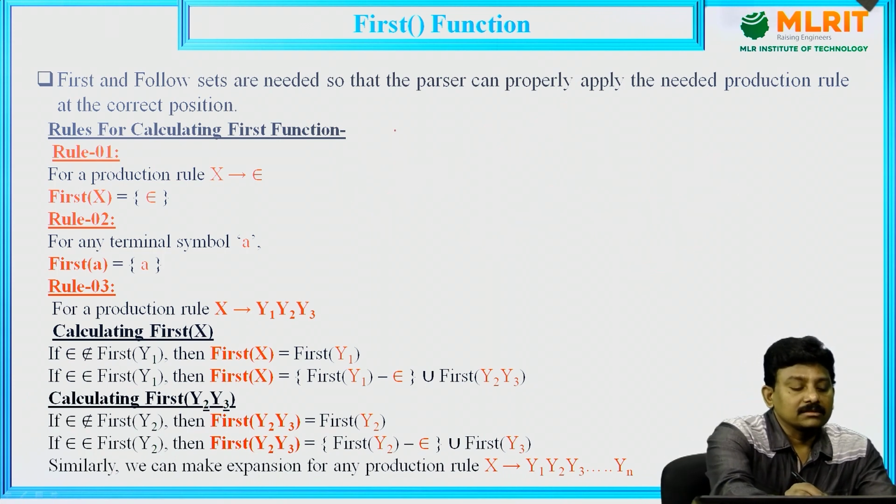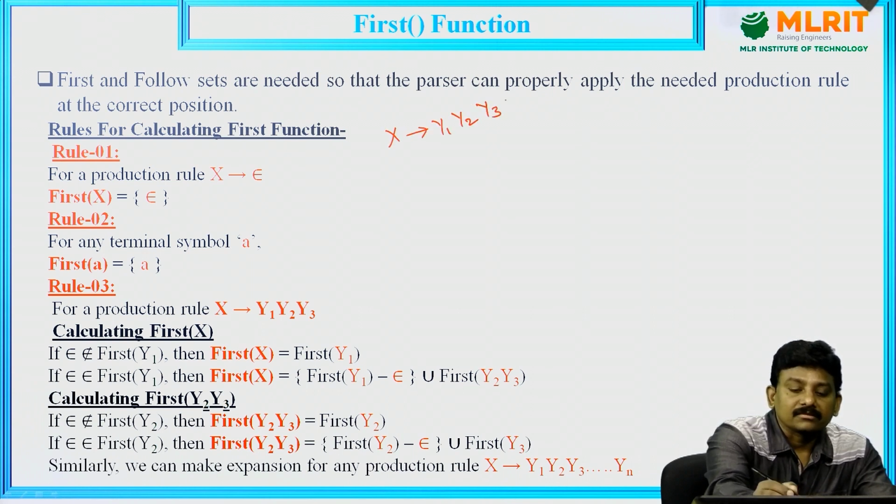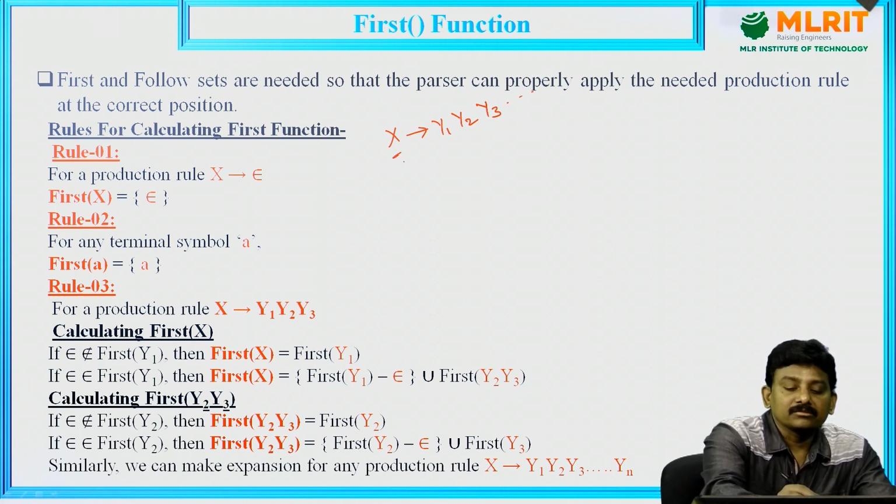Coming to rule 3, for the production X derives Y1, Y2, Y3 and so on. X is the LHS non-terminal symbol, and Y1, Y2, Y3 and so on form the right hand side of the production. Y1, Y2, Y3 may be terminal symbols or non-terminals, a combination of terminals and non-terminals.